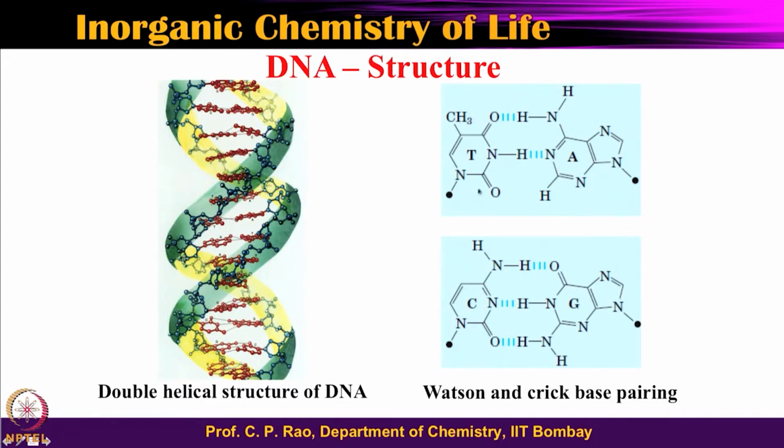So, what are the partners here? One of the partners is thymine, the other is adenine. So, it is an AT pair or TA pair, it does not matter, they are one and the same. You can see that in one context this is a donor for hydrogen, in another context the acceptor. Similarly, exactly mirrored, there is an acceptor here and a donor here.